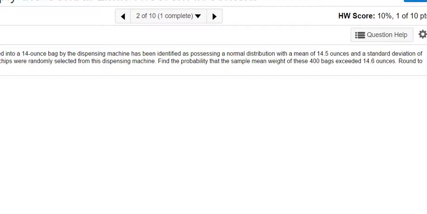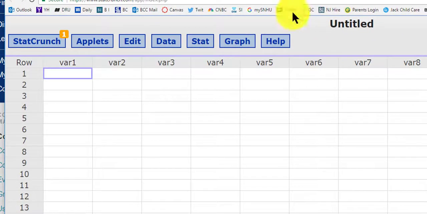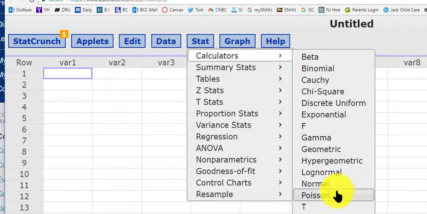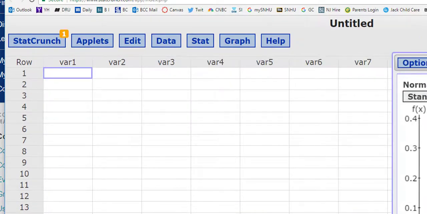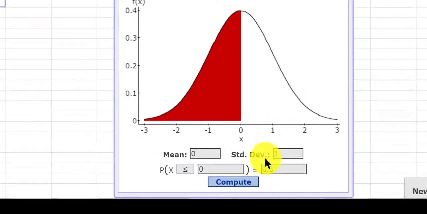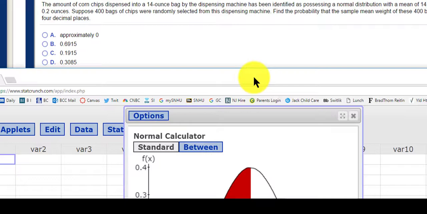Of course we can use StatCrunch to help us out with this. StatCrunch is my best friend. If we press Stat, Calculators, Normal, here's my normal calculator. Normally, no pun intended, I would simply put the mean and the standard deviation from the problem into our calculator.